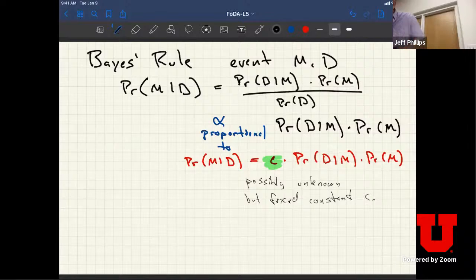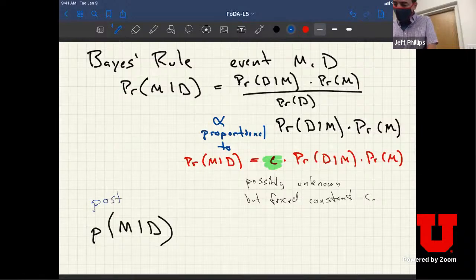Okay, so we're going to rewrite this using PDF functions instead of probability. We're going to start by saying that the left-hand side, the probability of the model given the data, we're going to write as a lowercase p, and this will be known as the posterior.